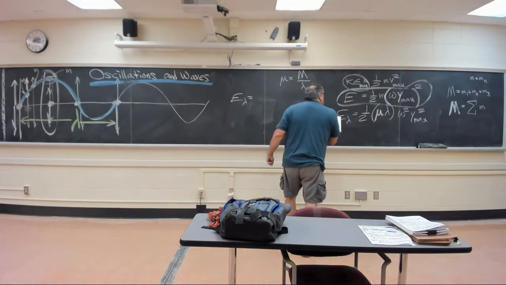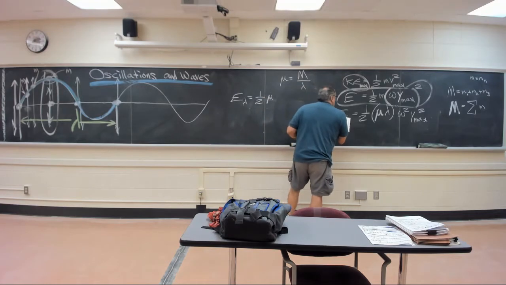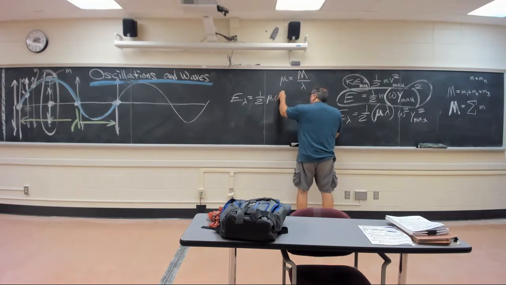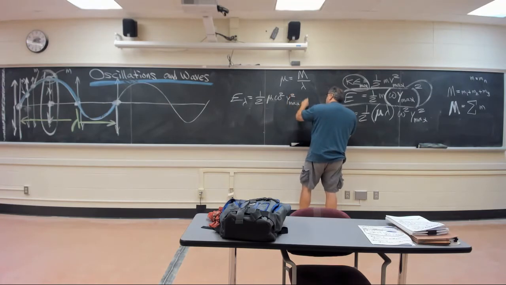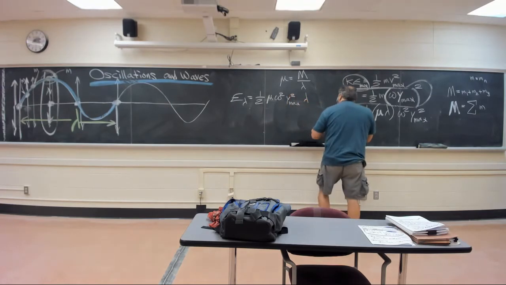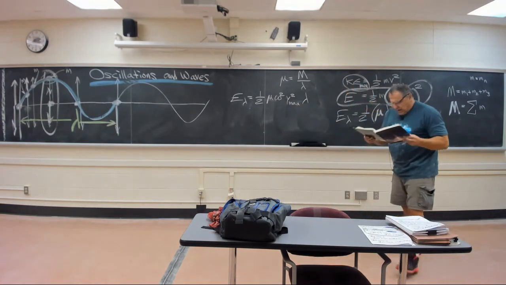E sub lambda is 1/2 mu omega squared y max squared lambda. They just move the lambda over here. Okay, that's fine.